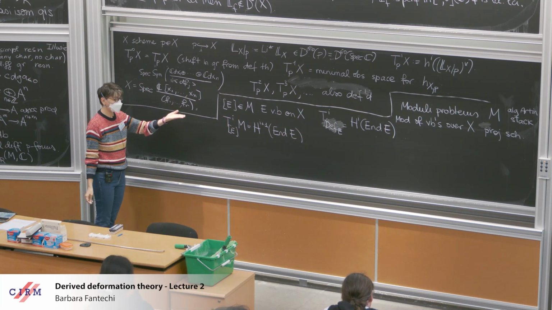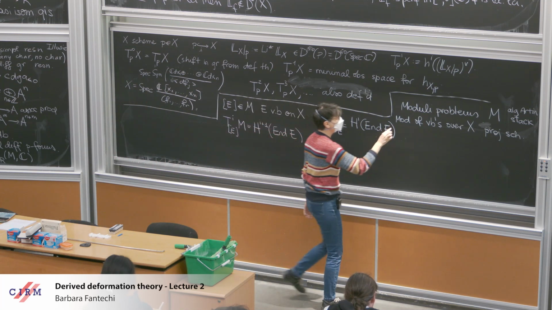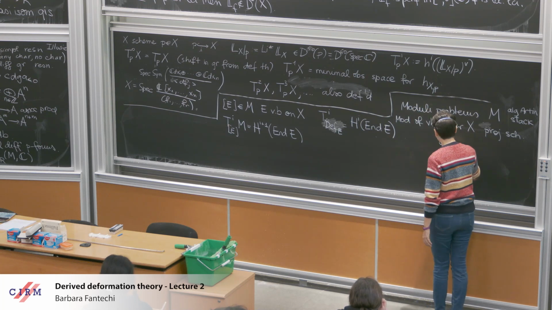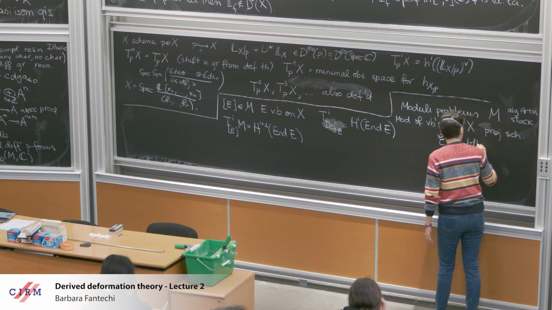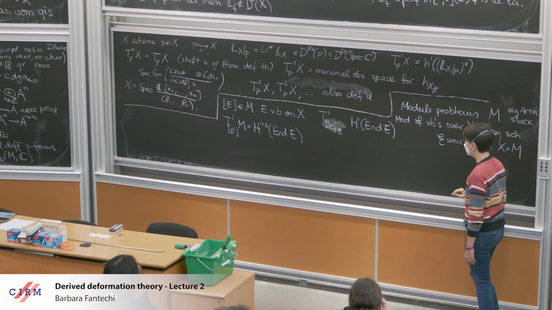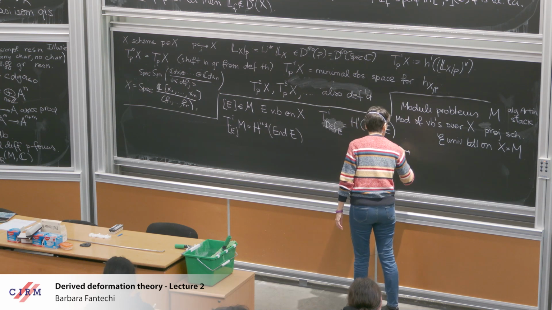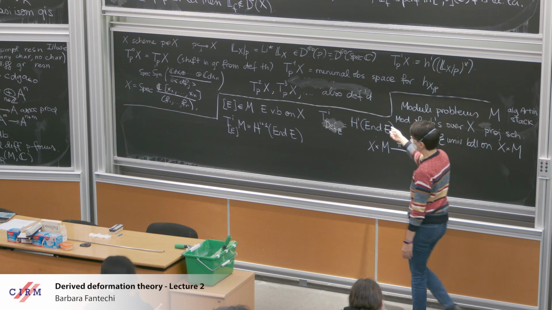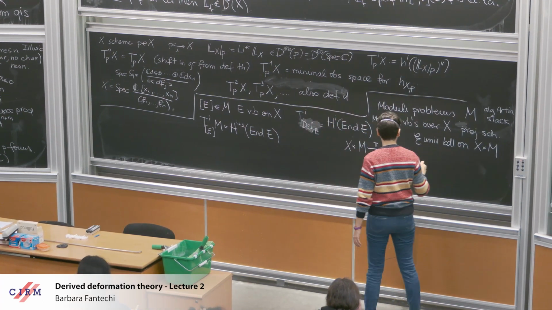And in fact, you can see that since you are taking the moduli stack, you have the universal sheaf, the universal bundle on X times M. You can consider the projection this way. And what you get is that these are the fibers of a perfect complex.